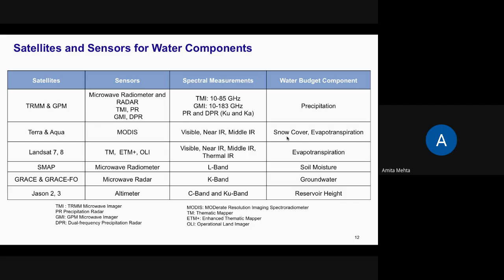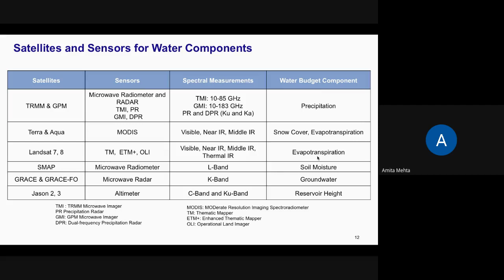For evapotranspiration and snow cover, especially if we're talking about water budget components, these measurements are very useful. Landsat has thematic mapper or enhanced thematic mapper and operational land imager, also with visible, near infrared, middle infrared, and thermal infrared spectral radiances that you receive.